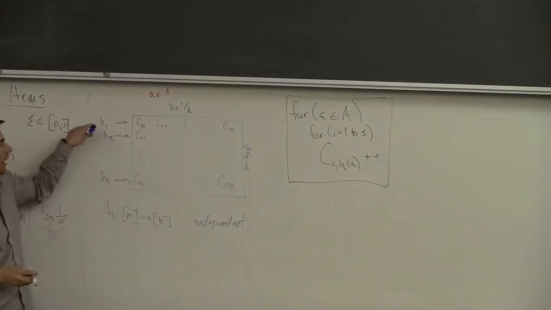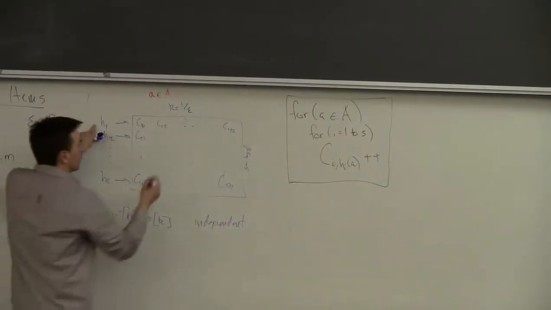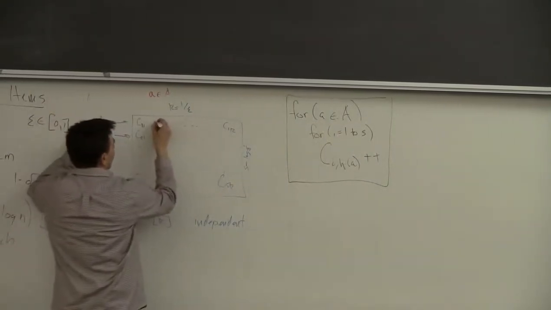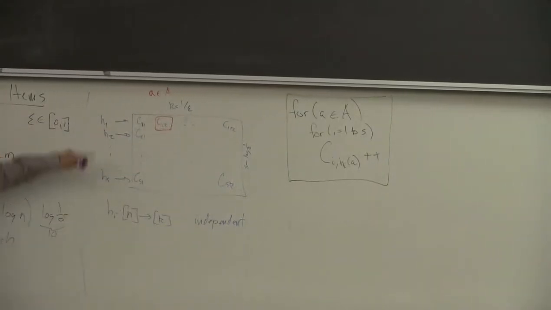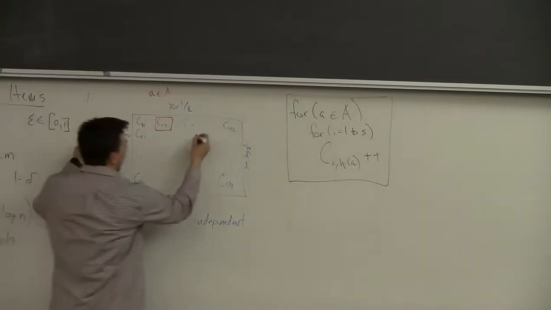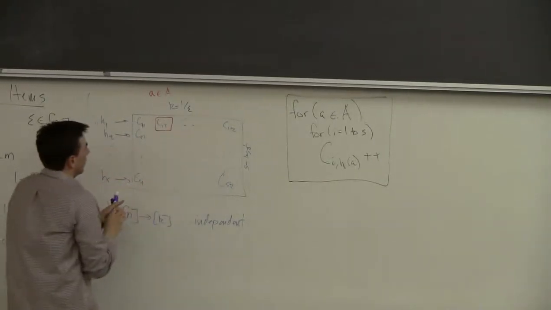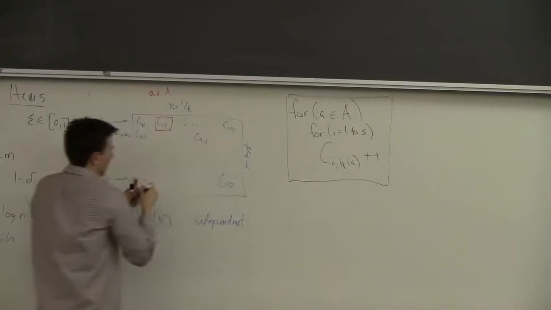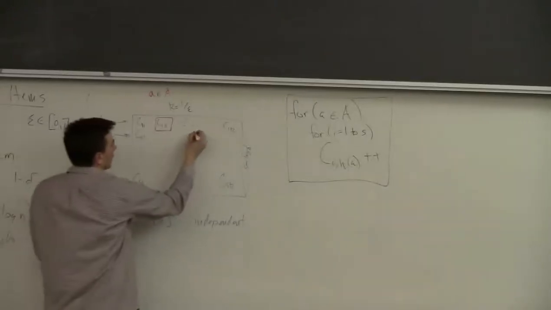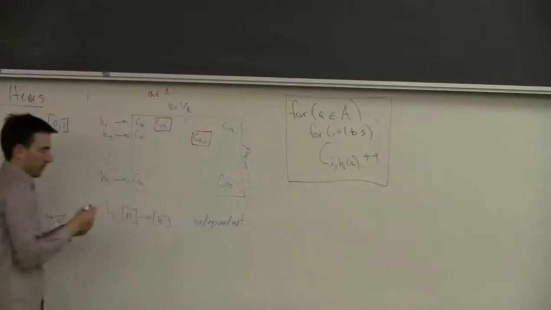Let's say it hashes to this one here, and I'm going to increment this counter. Then I'm going to go to the next row. This is going to hash to a different one of these counters, C2J.